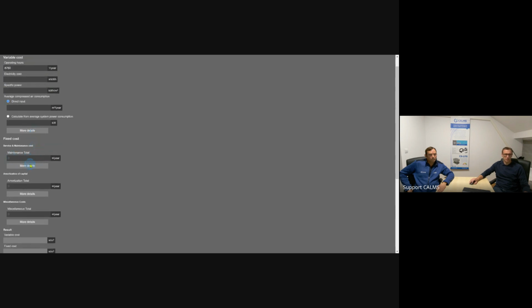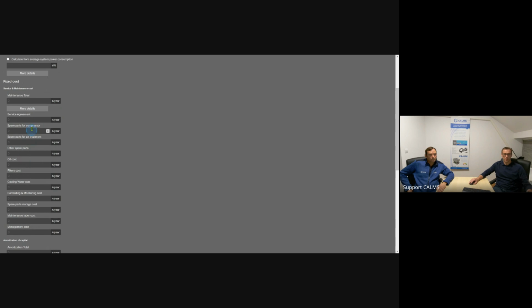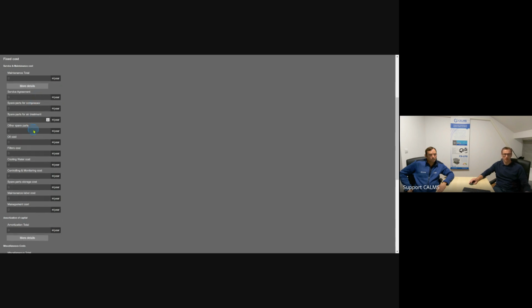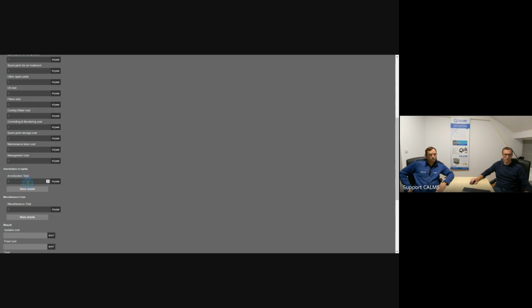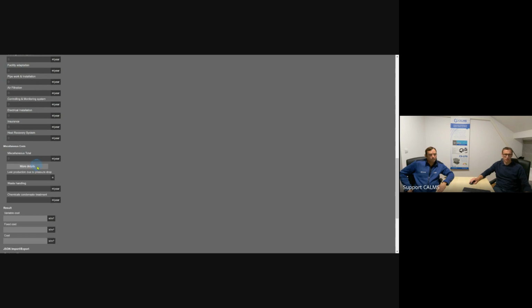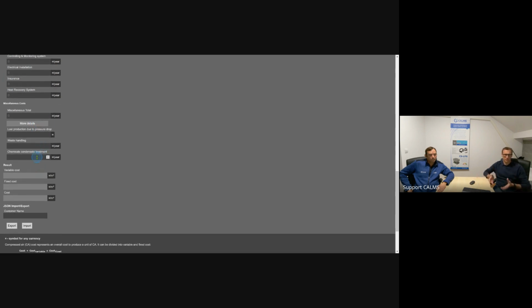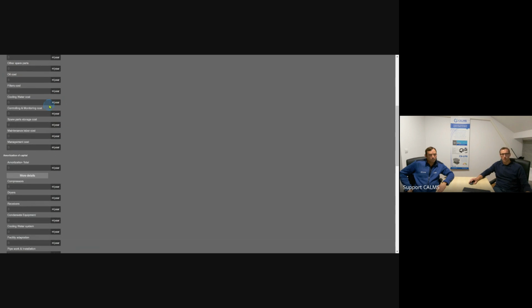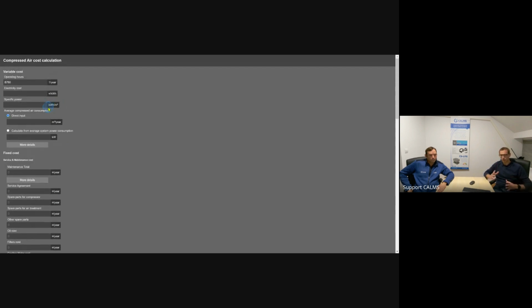And then you also enter the maintenance details, how much you pay for service agreement, for spare parts. When you enter those details, and also the amortization cost for the compressor room, some additional cost, then you will have also all the fixed cost and the total cost of your compressed air system. So this is one way which can help you estimate the compressed air cost. This is very important when you do the leak audit, leak survey, and to calculate what the potential savings are. Because the compressed air cost is more than just energy consumption, even if the electricity cost is quite high.